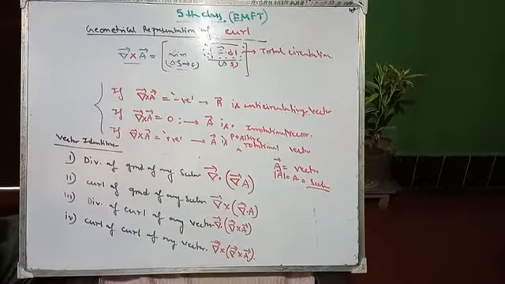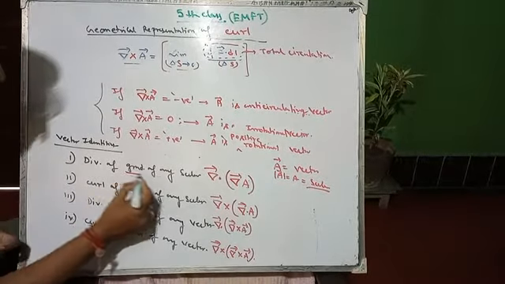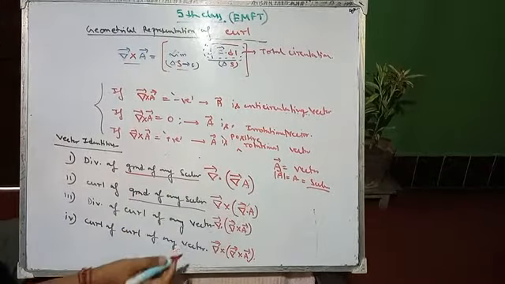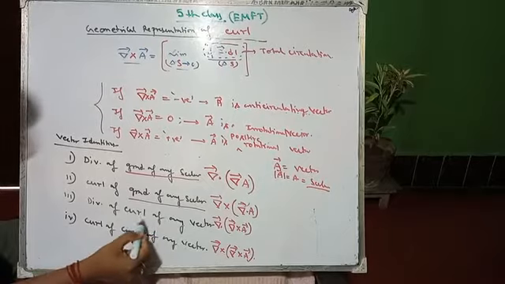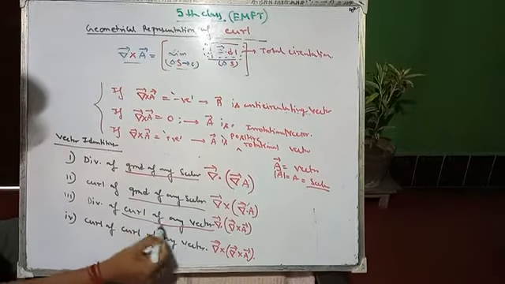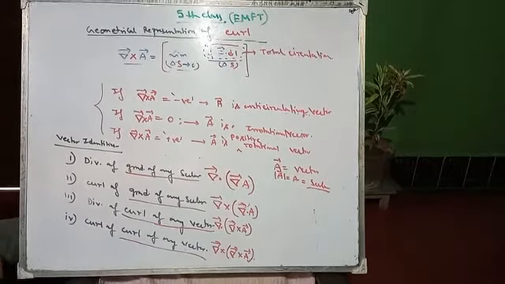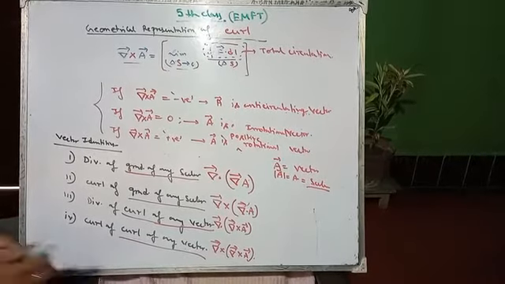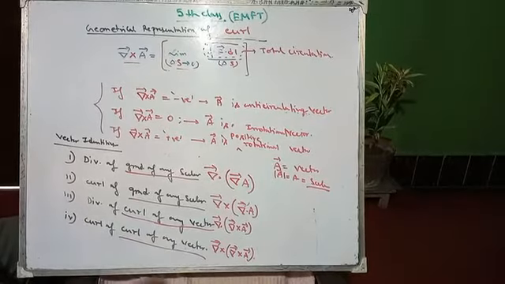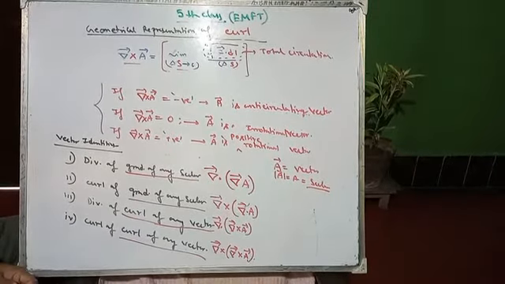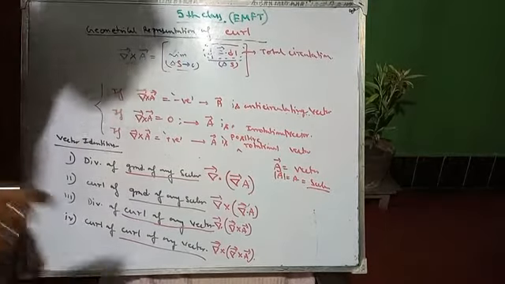Whenever we take the gradient of any scalar, we take only a, with no vector sign. If it is the curl of any vector, it must always have an arrow over it, overhead arrows. So let us start from the first one: divergence of gradient of a. Wait one minute.